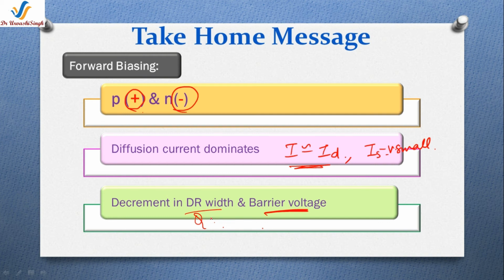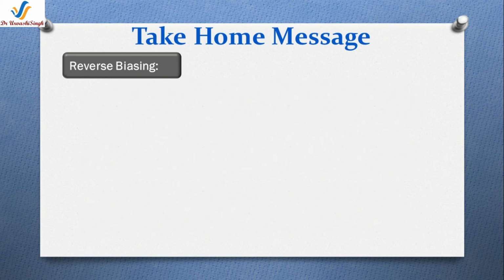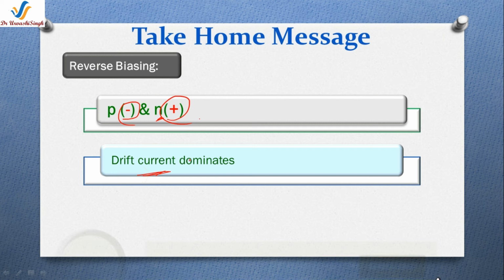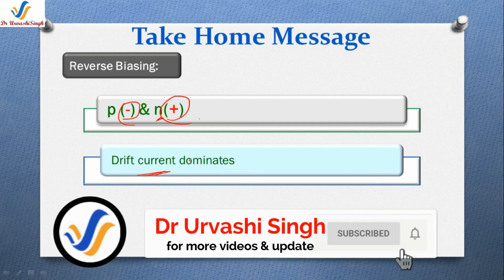Now in the reverse biasing case, the P side is connected to the negative terminal of the applied voltage, while the N side is connected to the positive terminal of the voltage. And in reverse biasing, the drift current dominates, and drift current is due to the minority carrier movement.